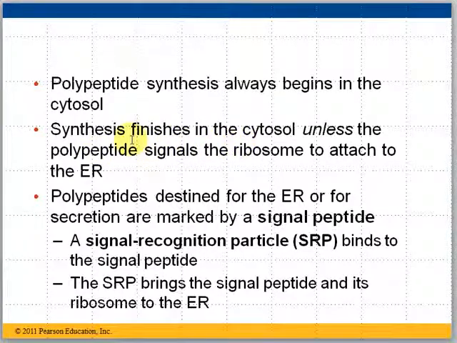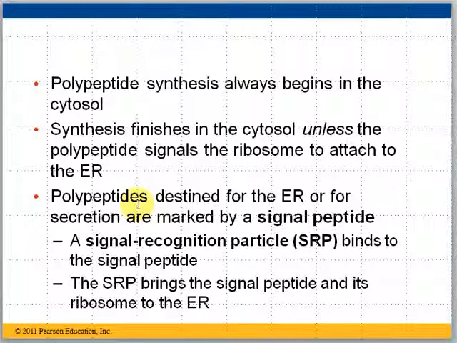If that's the case, that ribosome will attach itself to the ER, and once that polypeptide chain is finished being made, it will be moved into the ER and then perhaps onto the Golgi apparatus for further processing.